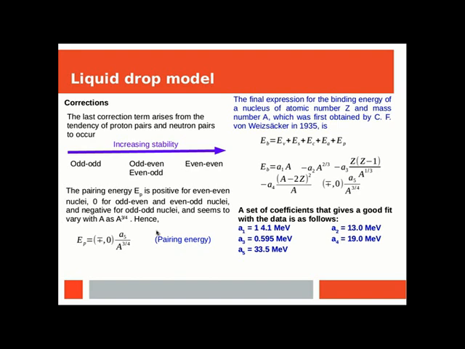Why? Because their existence is more probable. Why? Because they have equal as well as even numbers of neutrons and protons. Hence the pairs can be formed. Hence all the energy levels can be filled, and only lower energy levels are sufficient and are acquired by them.